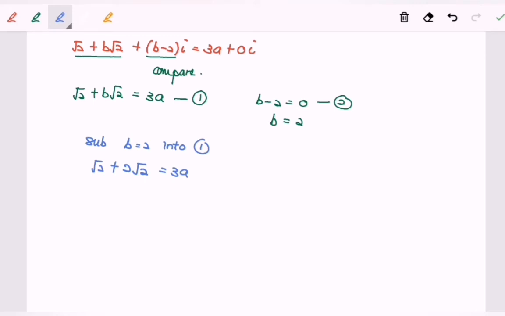So from here, we will have 1√2 plus 2√2, and we will have 3√2 equals 3a. And we can simplify, and finally a will be equal to √2 and b is equal to 2.